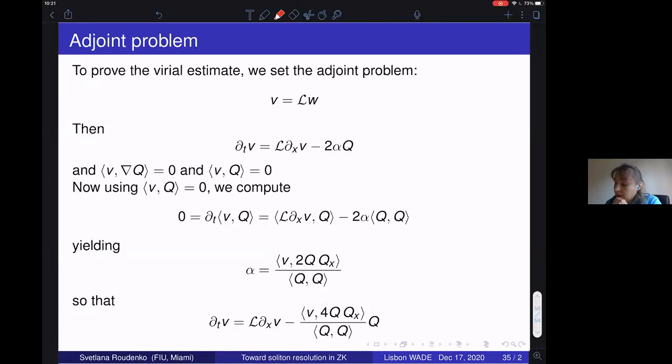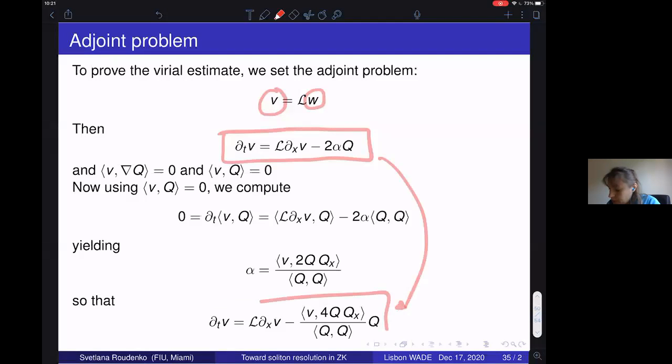I guess I'm going to skip this part. The approach which was introduced in Martel and Merle is to look at the adjoint problem. So instead of the W, take the linearized operator of the W and study the problem for the V. If we recast it in the V, we get a certain equation, where alpha is determined. So basically it gets upgraded to an equation something like this.